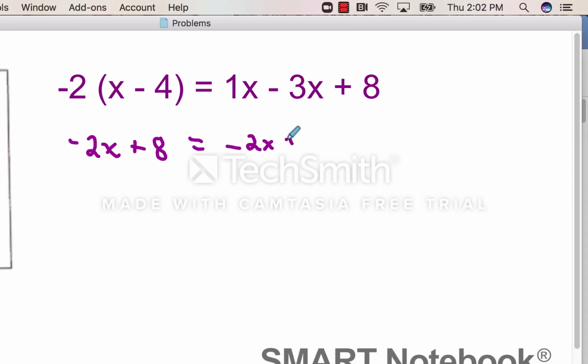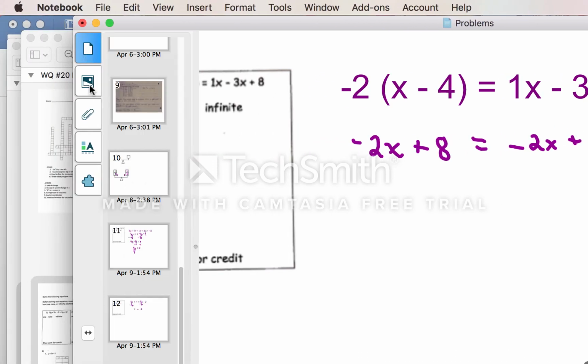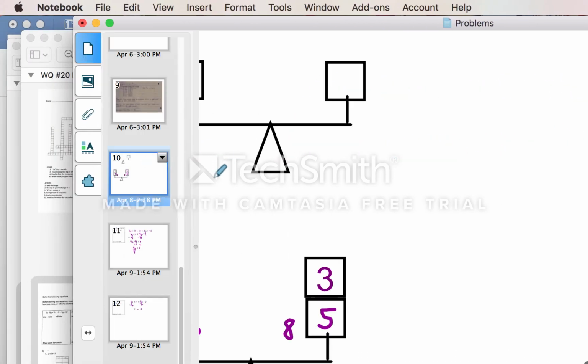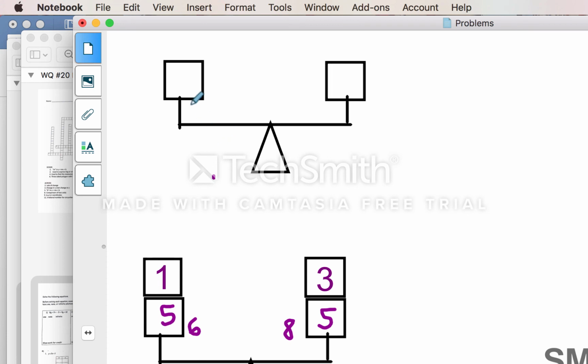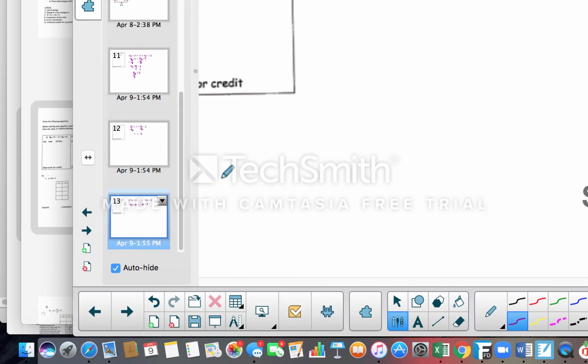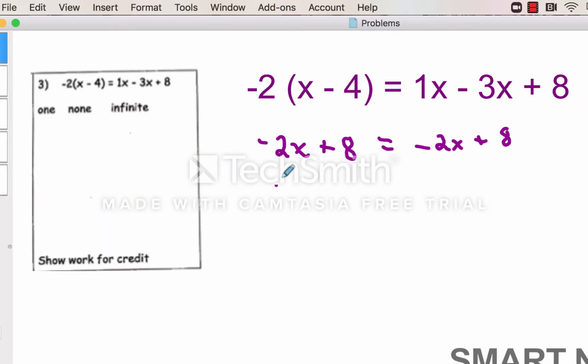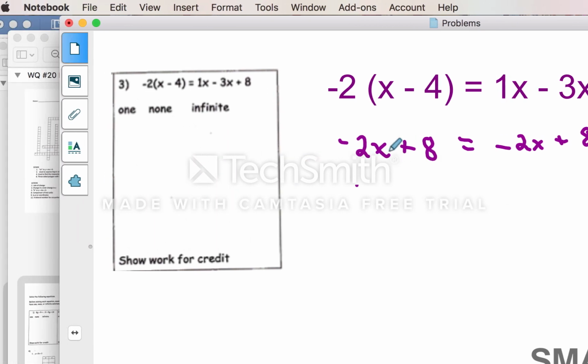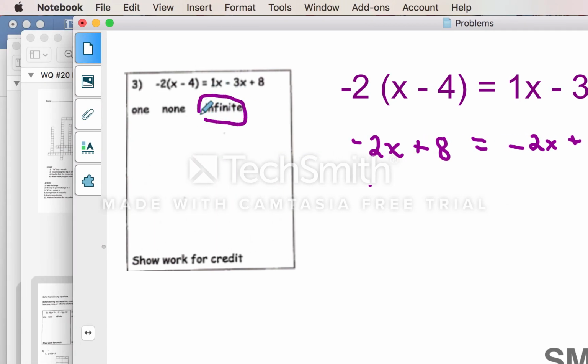And so you can see right here, this reminds me of the idea of the balance. I've got the same thing on the left side and the right side of the balance. And in the equation, it's the same idea. I've got the same thing on both sides of the equation. So I could plug in anything for x. All real numbers will work there.